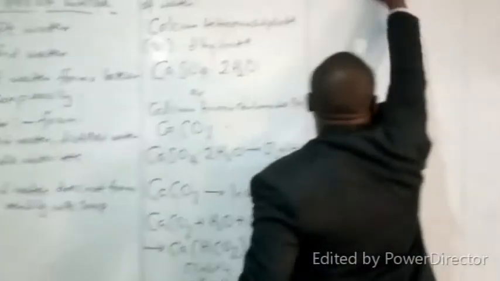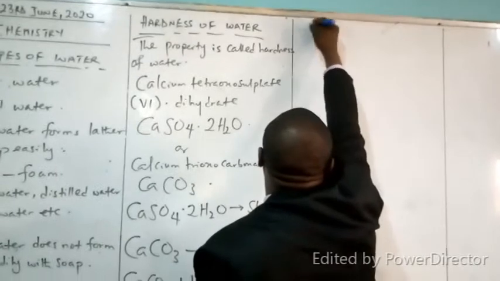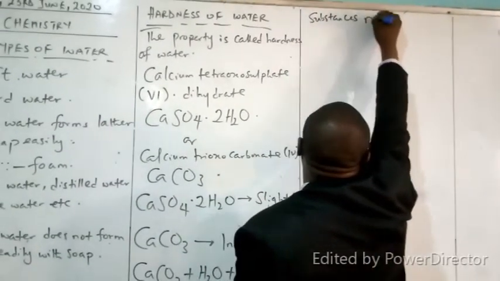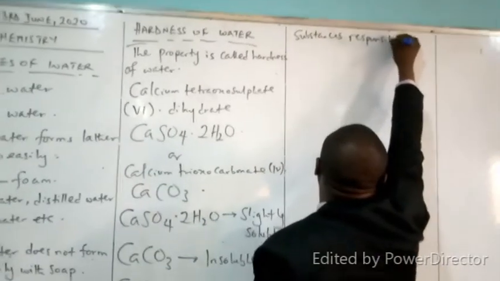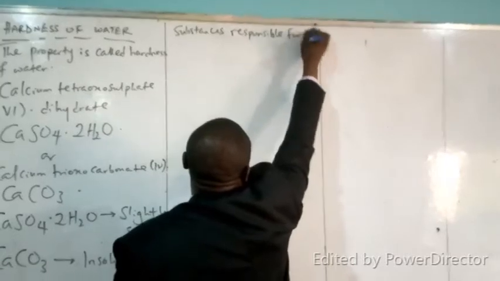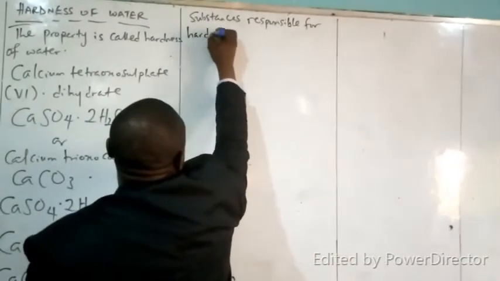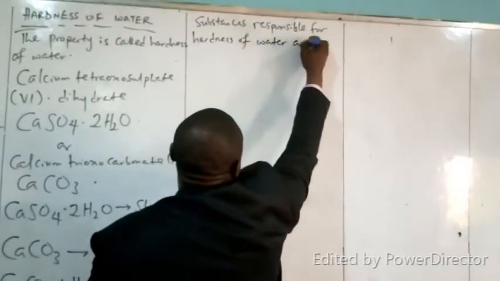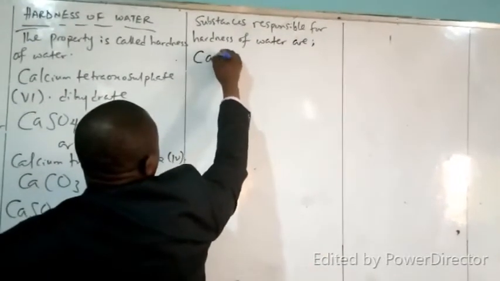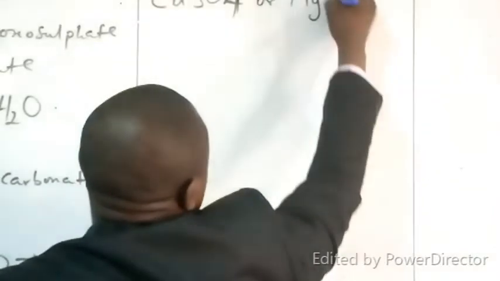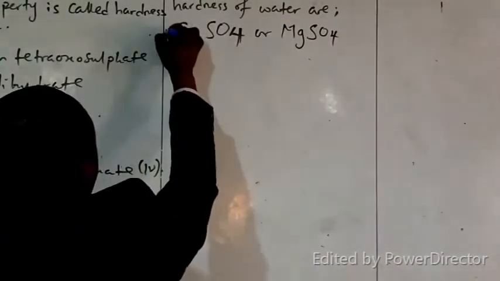As a general principle, the substances responsible for hardness of water are, one, calcium tetraoxosulfate(VI), or in place of that, you can also have calcium trioxocarbonate(IV).